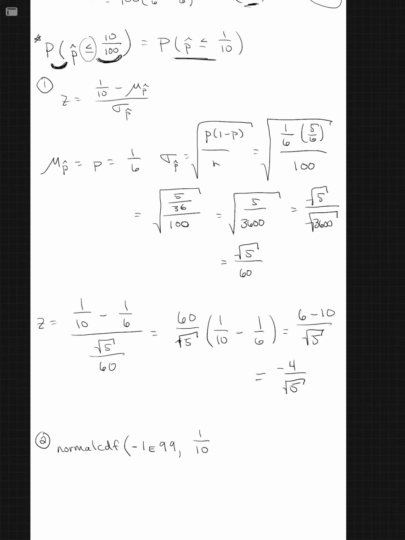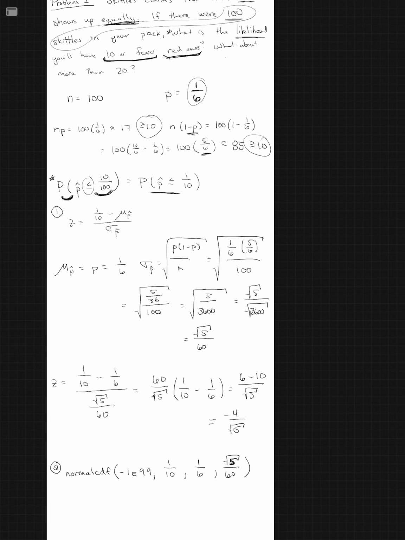So that's going to be 1/10. We want our mu, and we want our sigma. Right? We plug that into our calculator, and we get our answer. Right?